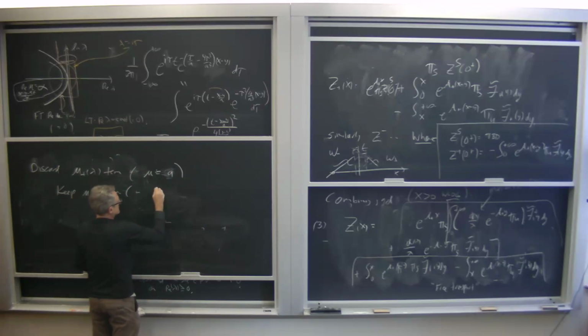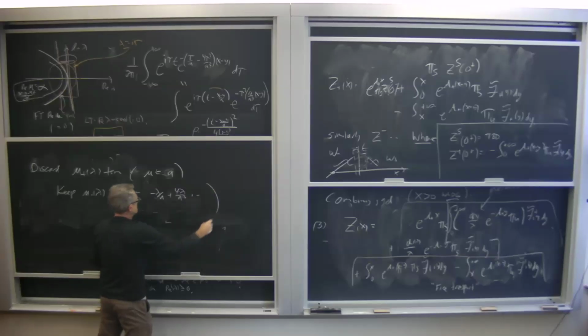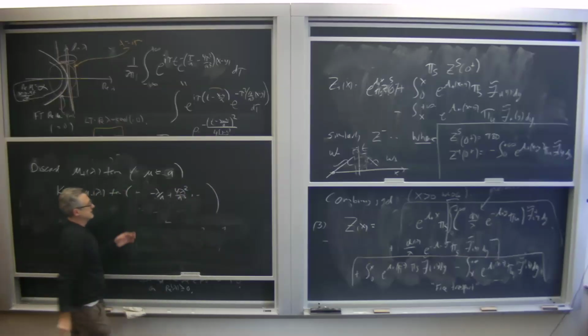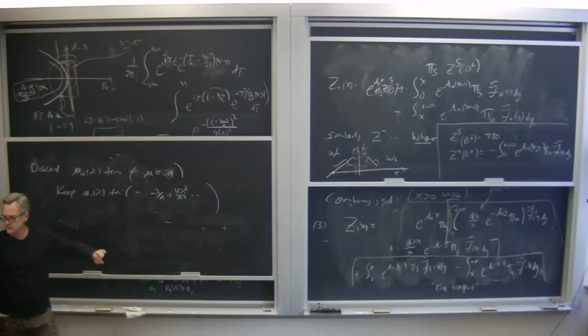And that was the one that was negative lambda over a plus 4 lambda over a cubed plus 4 lambda squared over a cubed. That was the neutral one that vanishes at the origin, the one that gives us back a heat kernel.